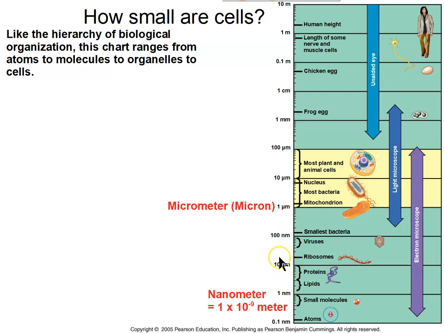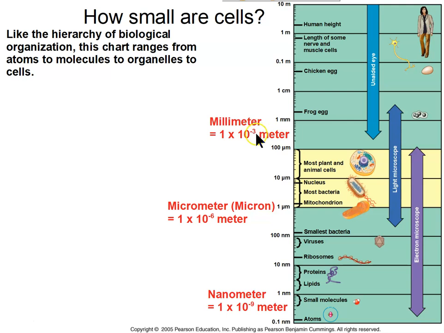Then we have the micrometer. So as we go up here, we have nanometers until we get to here, and we have 1 micrometer. And a micrometer is 1 × 10 to the -6 meter. In other words, it's a millionth of a meter. It's 0.000001 meter. And that brings us to the millimeter, which is 1 × 10 to the -3rd meter.